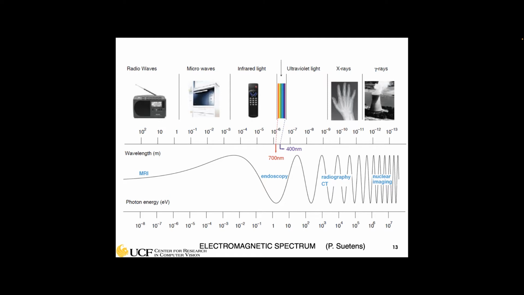For different imaging devices or modalities, the radiation travels in waves, and different wavelengths will have different imaging modalities, right? So we have MRI, endoscopy, radiography or CT, and we also have nuclear imaging, right? These are their different wavelengths or ranges of wavelengths.